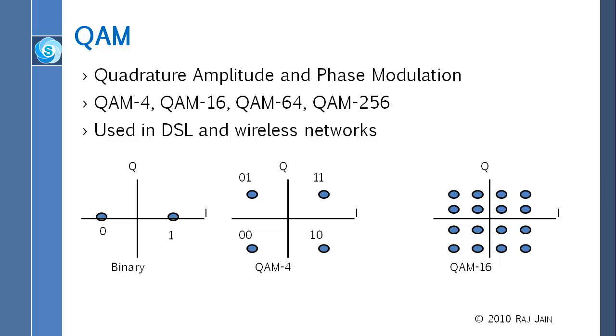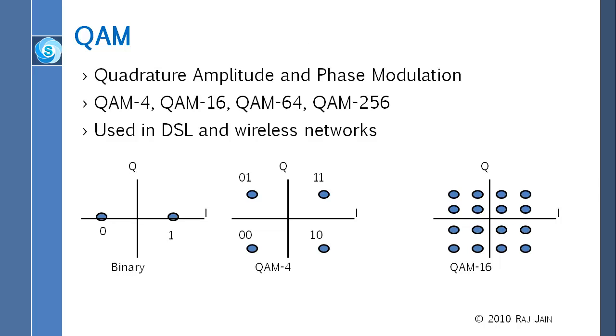With 16 points, we would like to figure out whether the amplitude is little or big or medium, and whether the angle is this much or that much, 45 degrees or 22 degrees or something like that. So this is called QAM 16. This coding is called QAM 16.